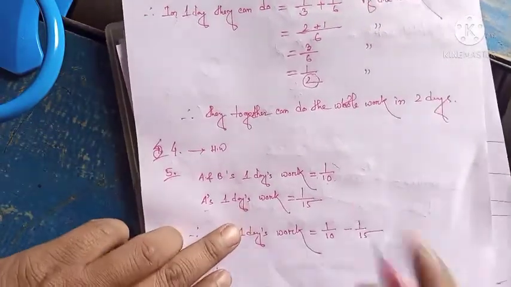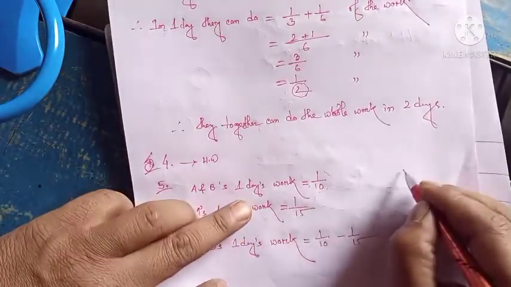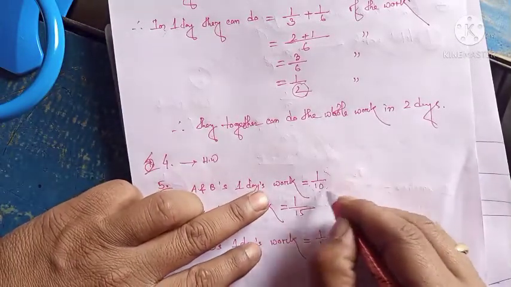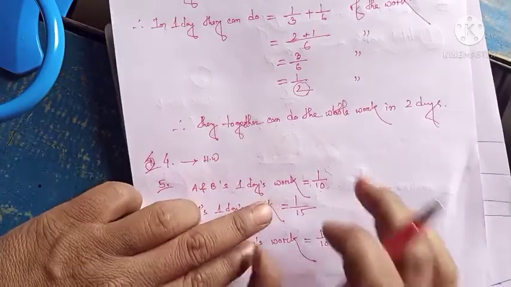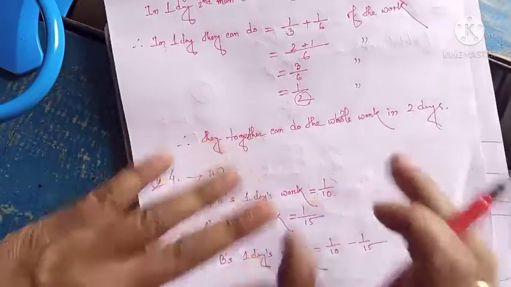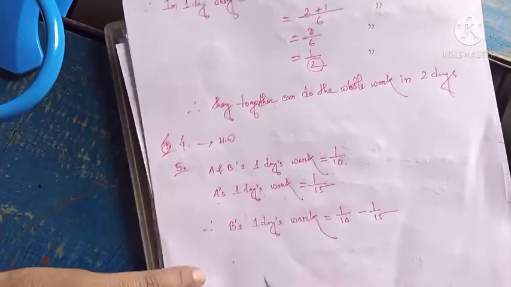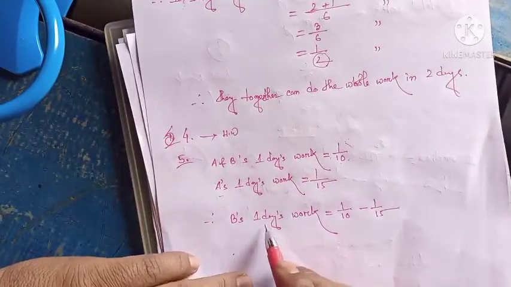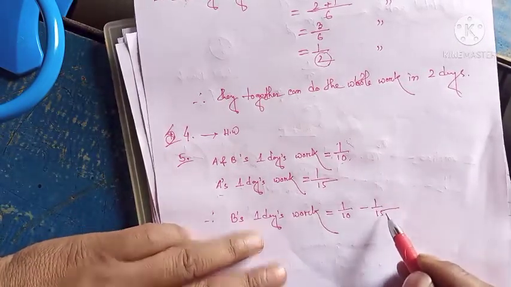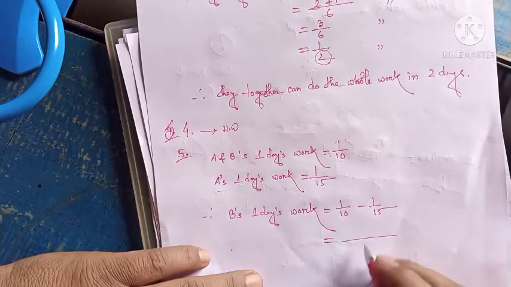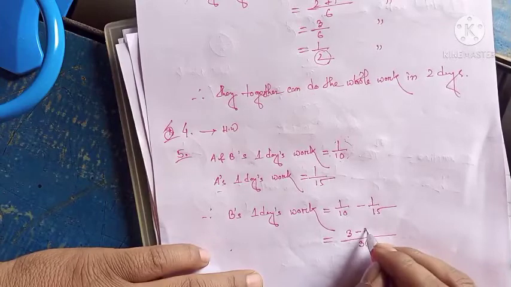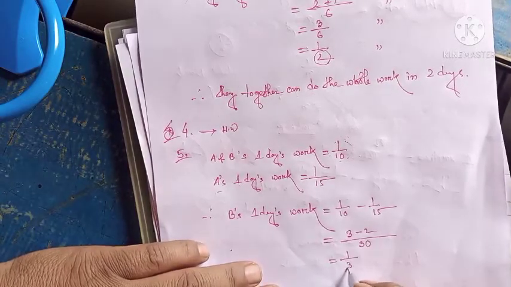Here A and B both do the work, but here only A. So if we subtract A's work from the total work, then B's work is left. B's 1 day's work is total work minus A's work, so LCM 30, 3 minus 2, so 1 by 30.